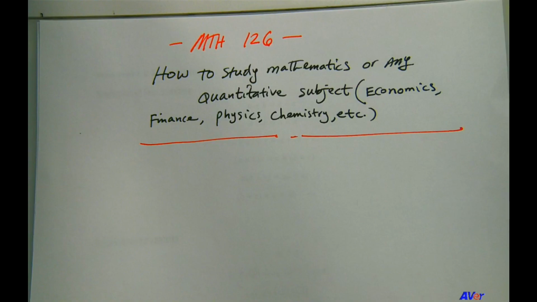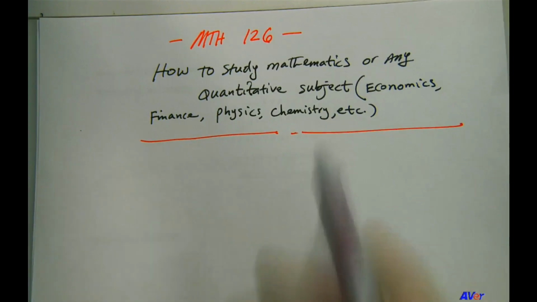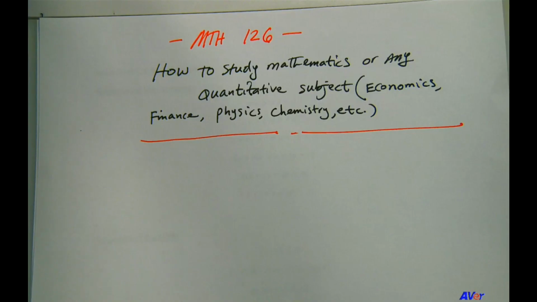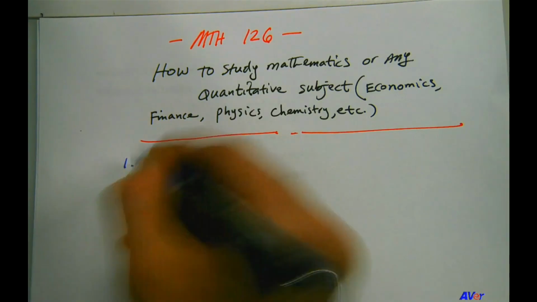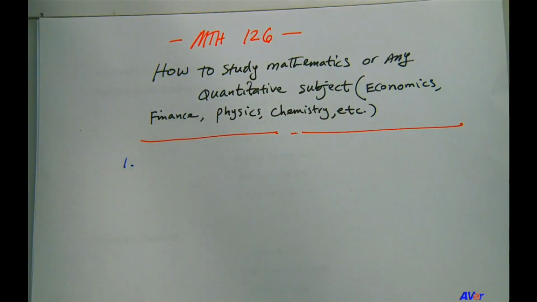The first thing, and this goes for any quantitative subject such as physics, chemistry, economics, or finance, is to study the section before it's covered in class. It doesn't matter if you fully understand everything that is being said.